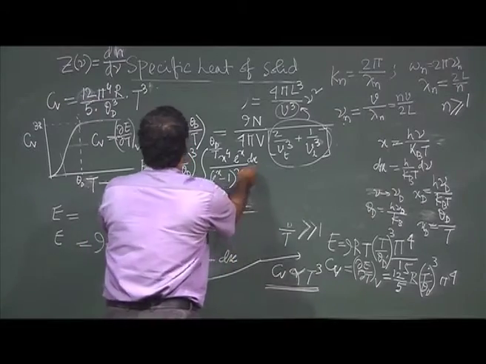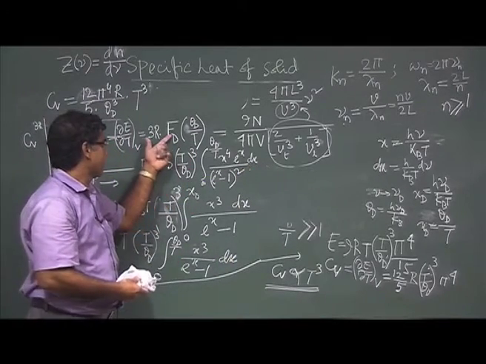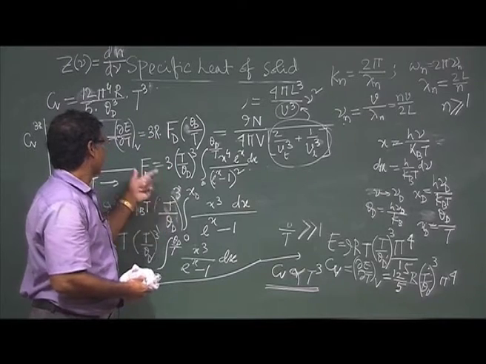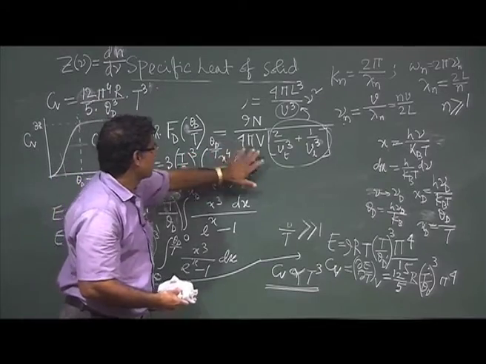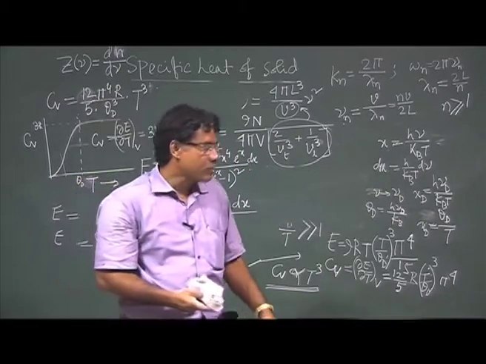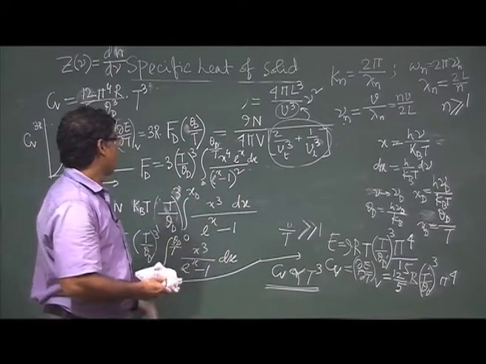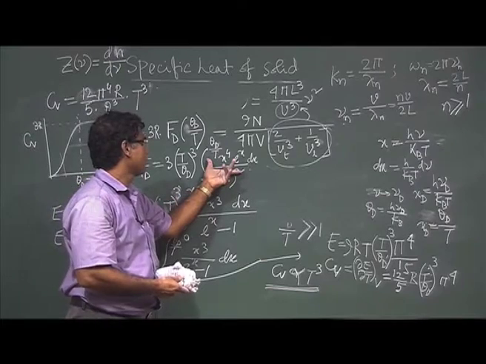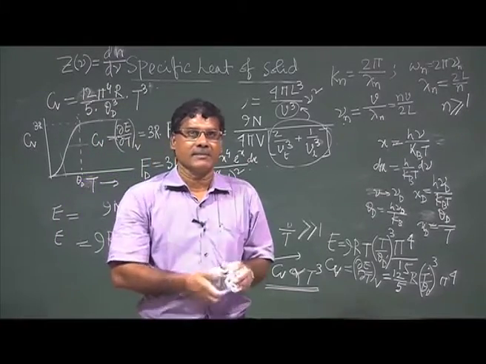These are called the Debye function, for CV, and one has to find this. That's the general form of the integration, and it's difficult to integrate analytically.